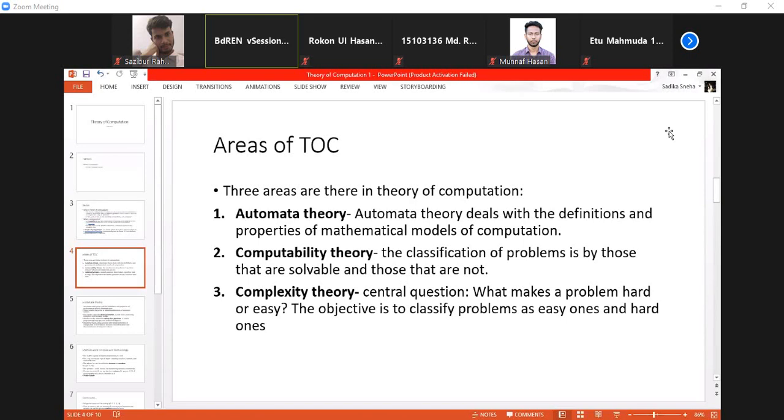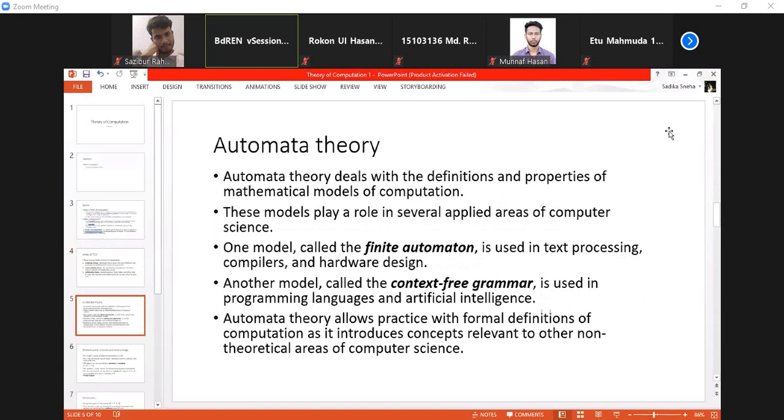Automata theory deals with the definitions and properties of mathematical models of computation. There are many models that are used in computer science.